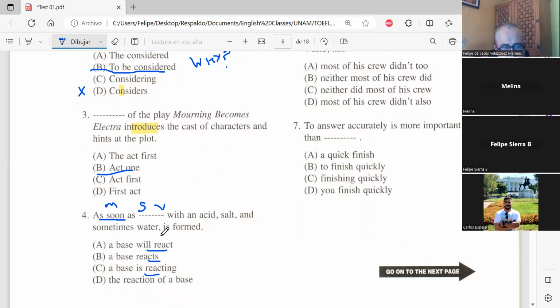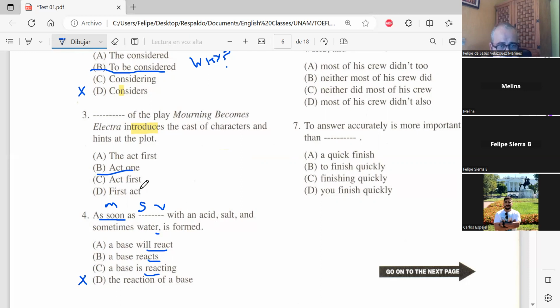So I will need a comma to indicate the inversion. So then we have marker, subject, verb. I need an option that is marker, subject, verb. Here we have a subject, we have a verb, we have a subject, we have a verb, we have a subject, we have a verb. This is not the answer.